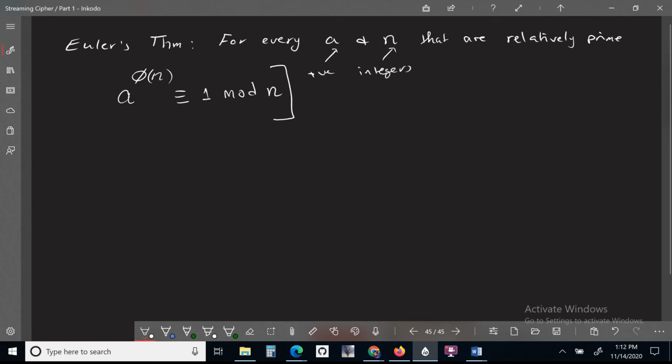So this is Euler's formula. As you can see, it depends on the totient or the phi function. Now an example. Let's say that we pick two numbers that should be relatively prime. They don't have to be prime themselves.